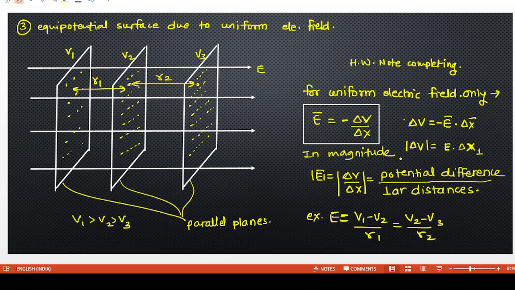Now every time the direction may not be x, so you can convert this x into r.